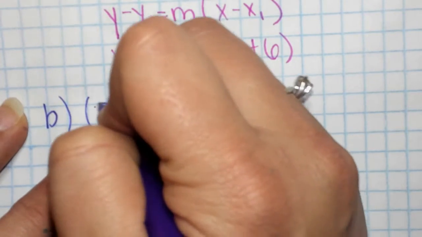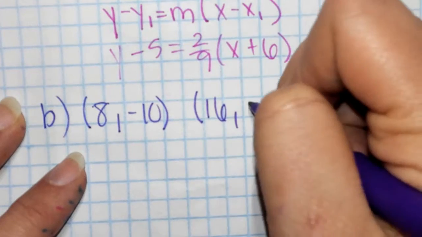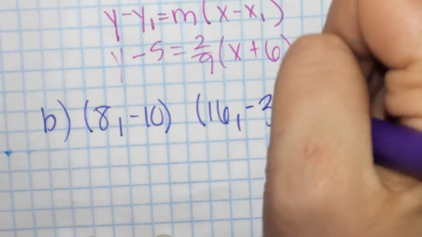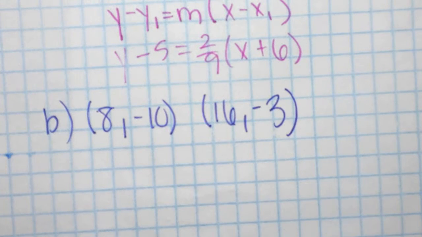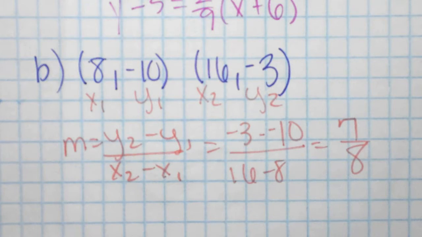All right. 8, -10 and 16, -3. Seven, 8? Yes? See?